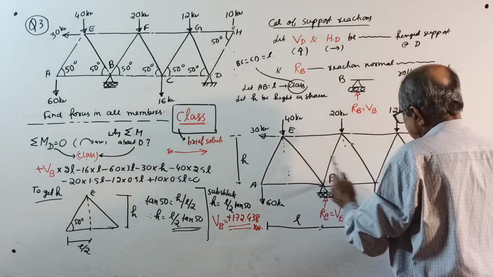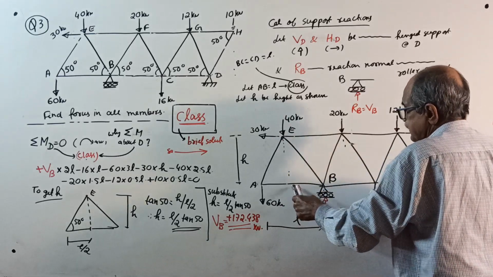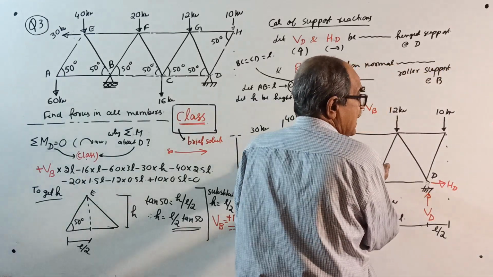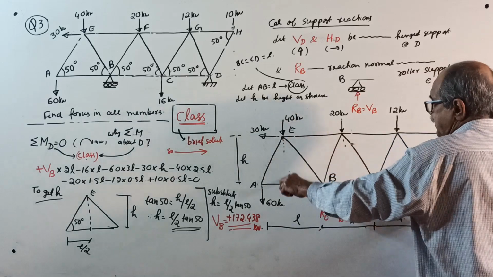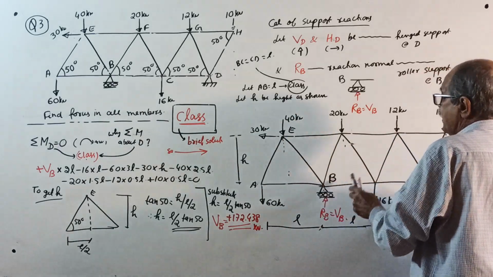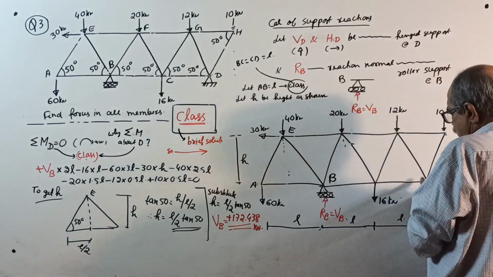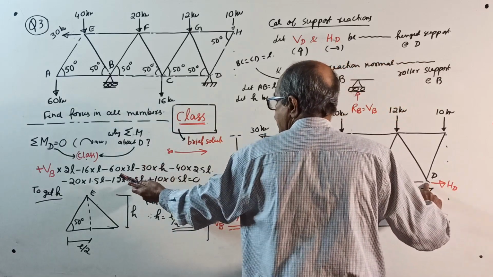If I project from here, this 40 into this distance. This sketch is not fully to scale, I wrote it a little randomly, so you write neatly: 40 into L plus half of L, 2.5L, minus 20 into L plus half of L, which is 1.5L.